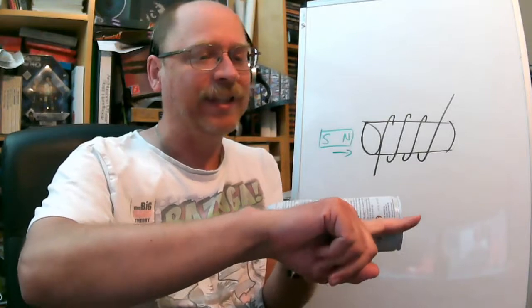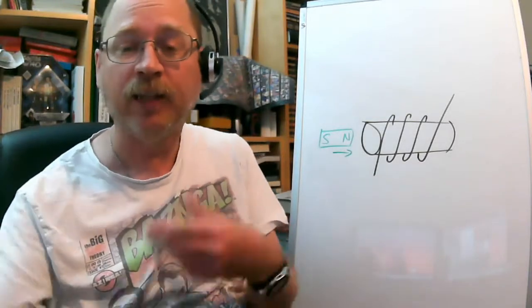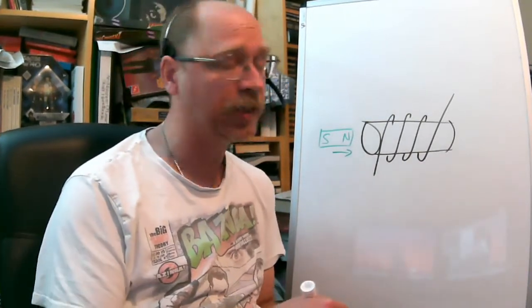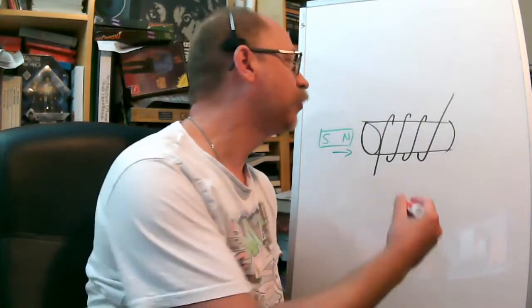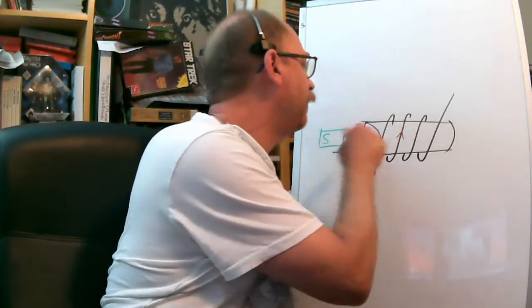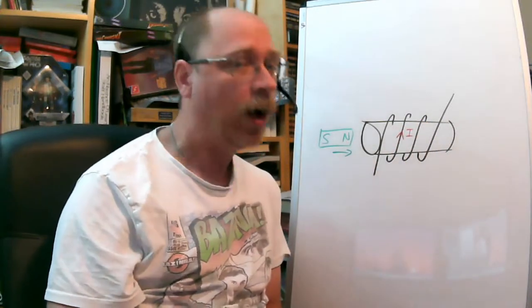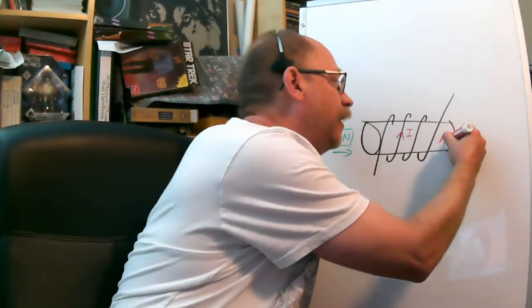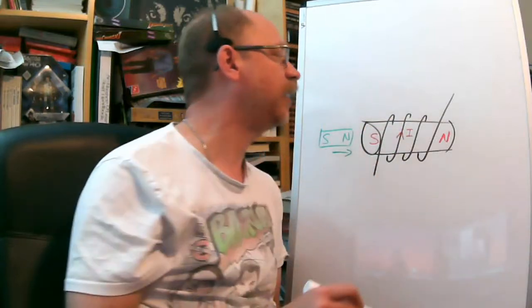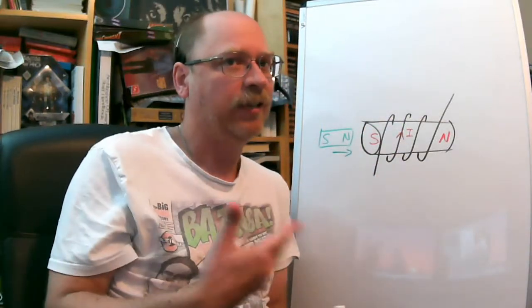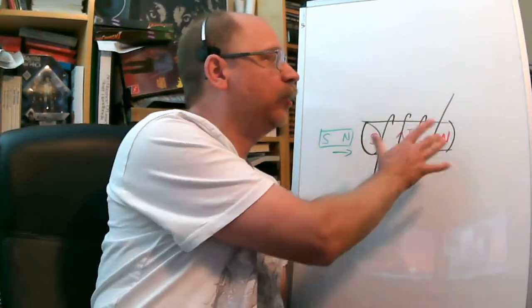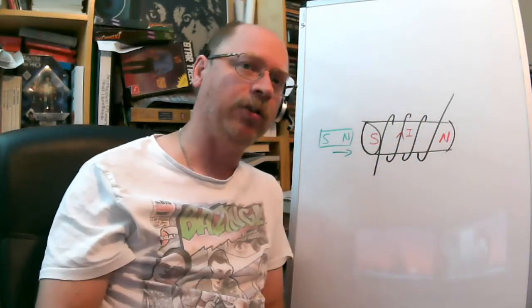That would make this end the north end. Now let's just sketch that out as a possible answer. I'm not saying that that is what's happening, but if doing this caused current to go up in the wire, this end would be north, this end would be south. That's the way that the current would induce magnetic poles in the solenoid.